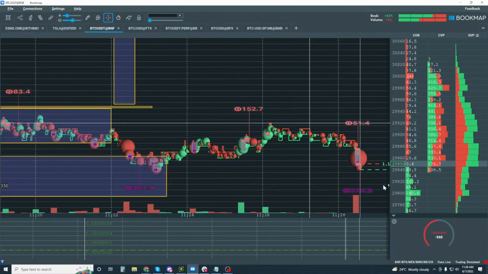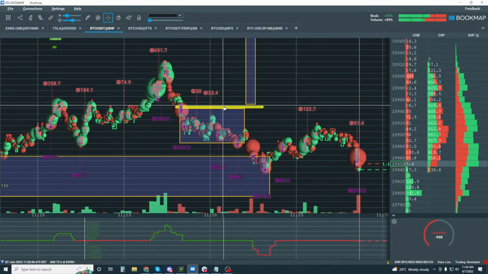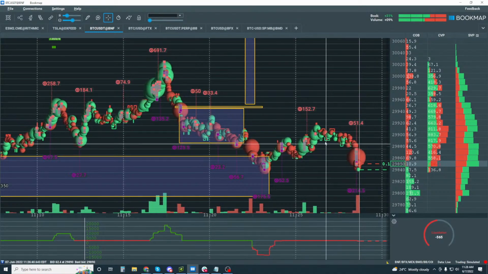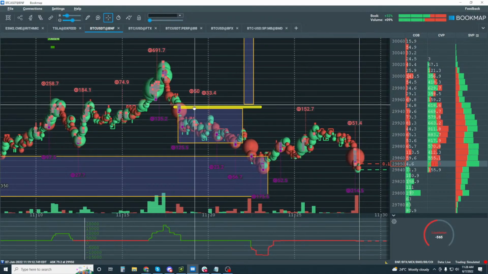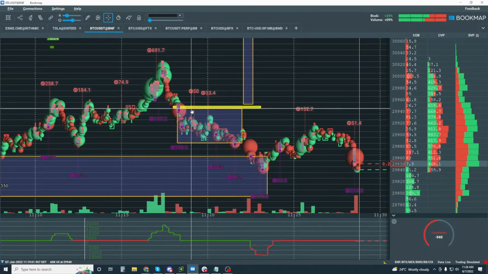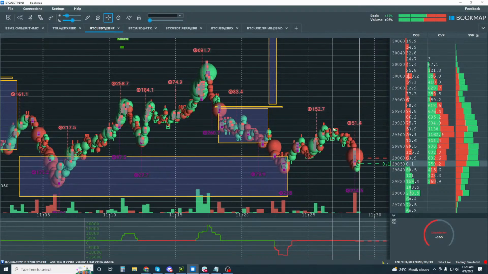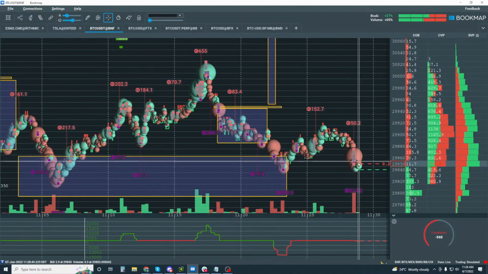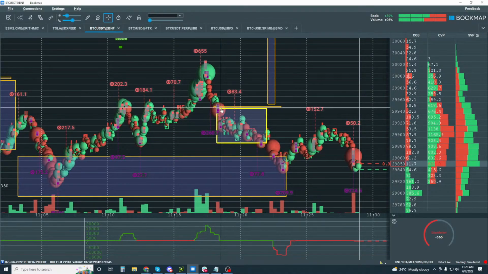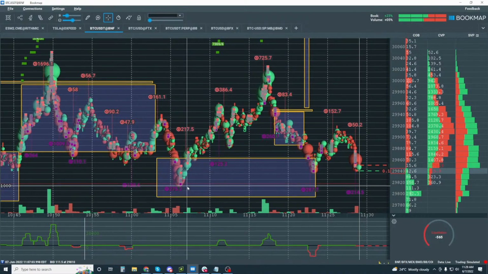Now look at this, sellers coming in here, guys. See how sellers are still in control from this point onward. See that? Even this retracement here, this is where the sellers came in. This is the key here, right? And they're still in control. I don't see a whole lot of buying in here right now. I see more selling than I do buying, for this very small time frame. So we still continue to look for it to go lower here.